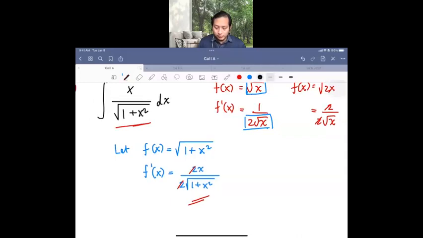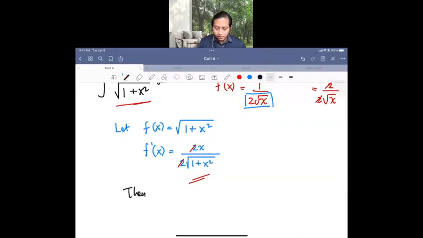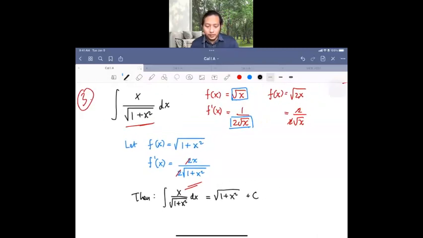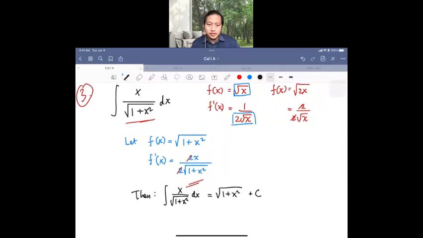Then by doing so, we can write the integration of x over square root of 1 plus x squared is equal to square root of 1 plus x squared plus c. This is possible. For certain conditions, you can do it this way.